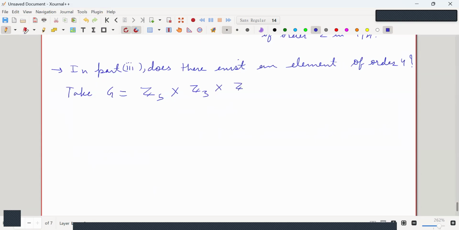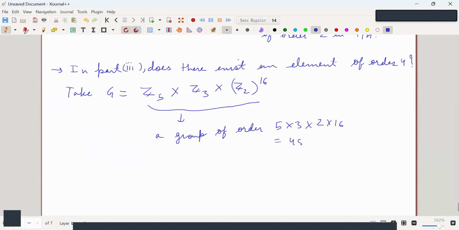You take Z2 16 times. This is a group of order 5 times 3 times 2 to the 16. You're taking 16 times 2, right? This will be 480, right?